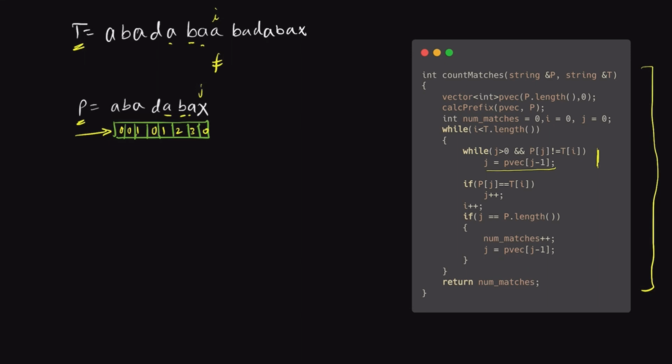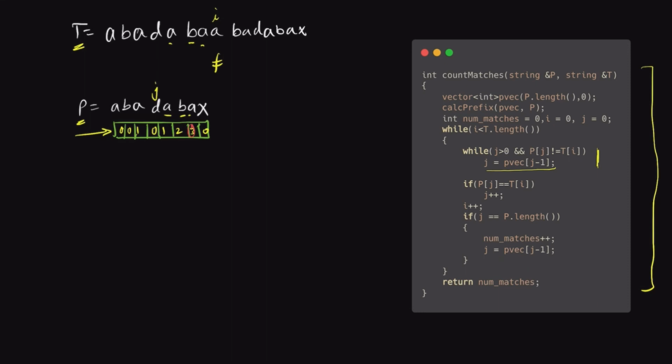This is very similar to the one that we used in the prefix function calculation. So that means your new j value is this 3. This will be your new j, the third position in the pattern P.